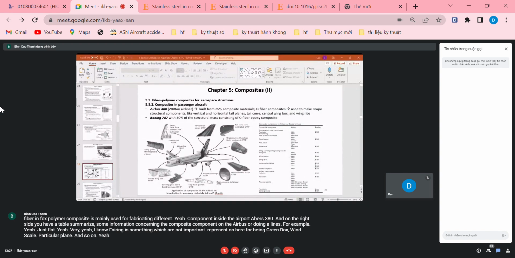I am not familiar with the structures of an entire plane. This is not my major for sure.